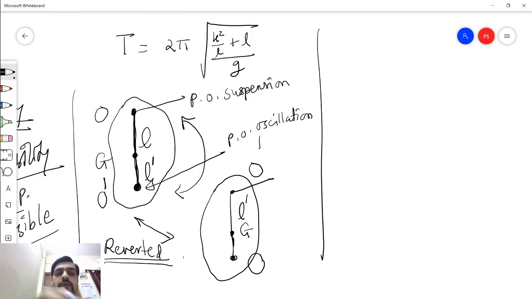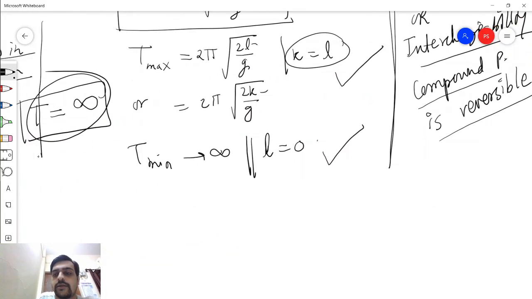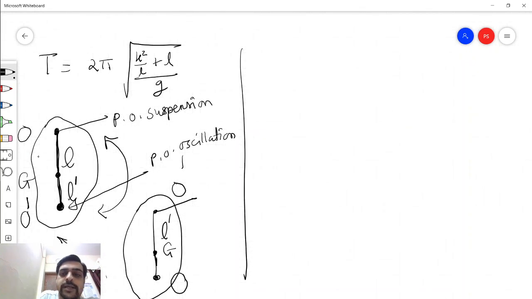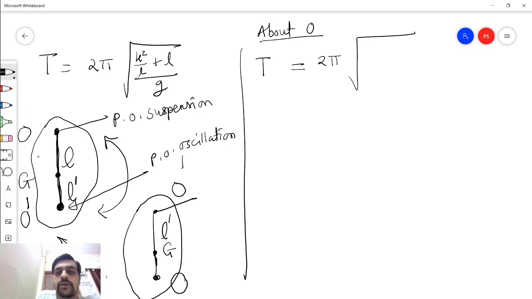Now we will express the time periods about O and O dash. So first, the time period about O will be 2π under root (k squared by L plus L upon g).